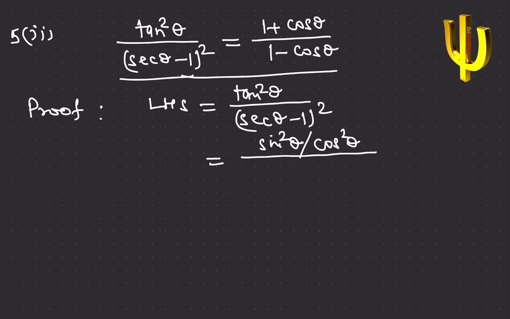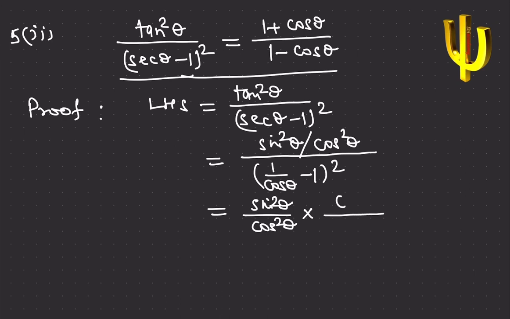Further, sec theta can be written as 1 by cos theta minus 1 whole square, which further gives sin square theta by cos square theta into cos square theta by 1 minus cos theta whole square.